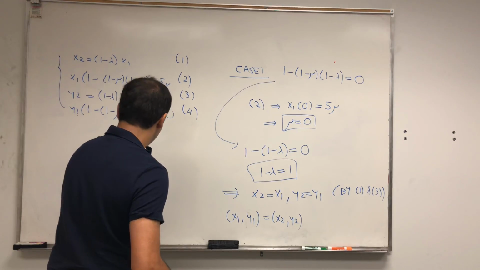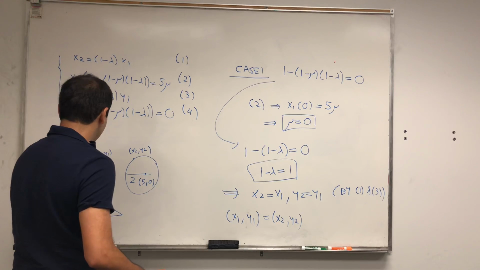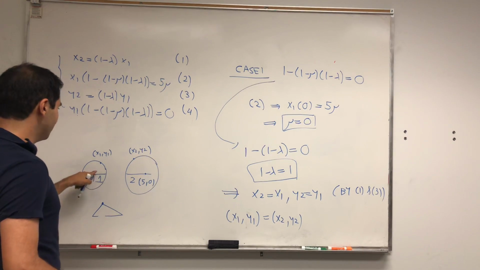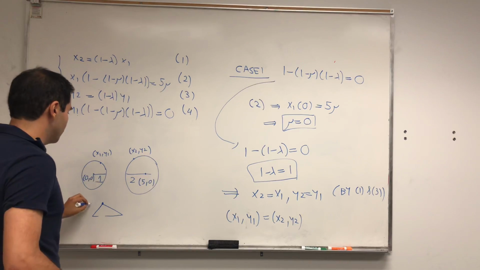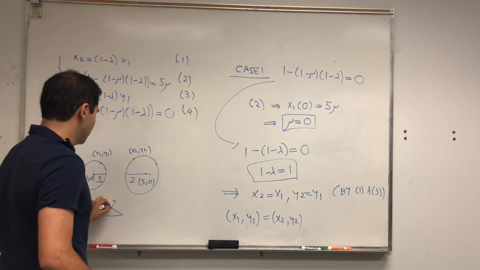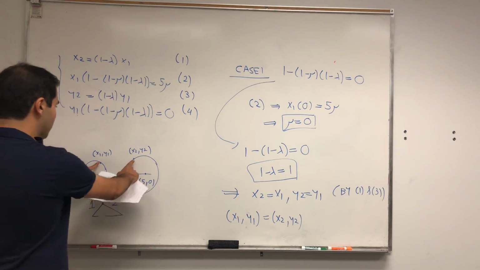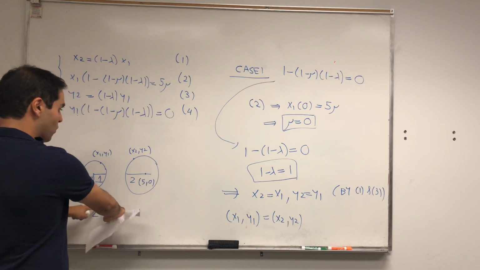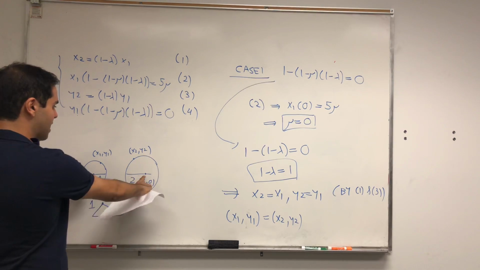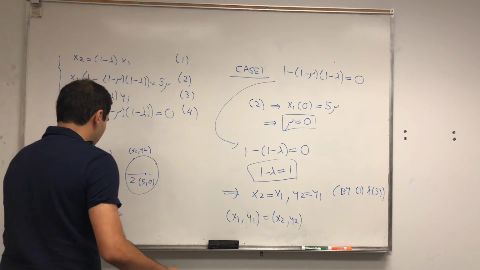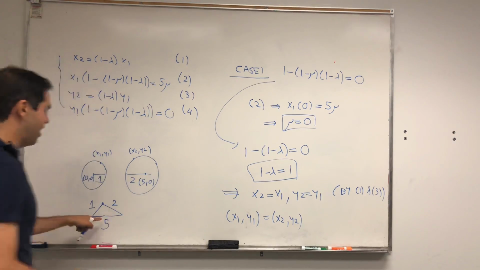Because again, this is the point 5, 0, this is 0, 0. Because if the points are equal, this would mean that this distance, of course, is 1, which is the radius. This distance would be 2, which is the radius. But if those 2 points are equal, those 2 radii would be the same as the distance between 0, 0, and 5, 0, and it would be 5.